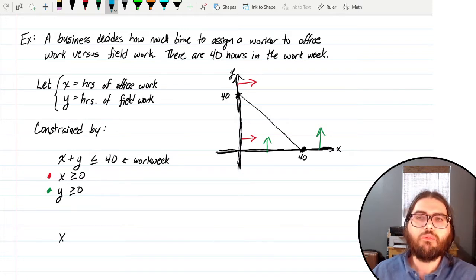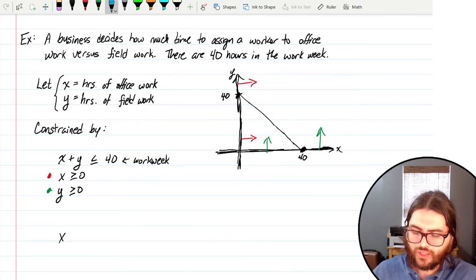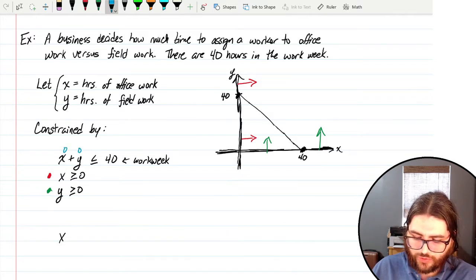Remember, for any line that's not one of the two axes, I often plug in (0, 0) just to see, do I shade towards (0, 0), the origin, or do I shade away from it? So if I've plugged in (0, 0), 0 plus 0 is certainly less than 40. So I will shade towards the origin.